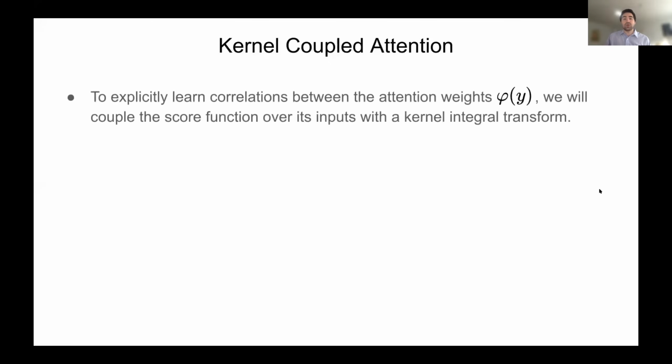And so the answer to this question that we came up with is what we call the kernel-coupled attention. The way that this works is we'll take our score function, the same one as before, that's our proposal score for forming these probability distributions, but then we'll couple it to itself with a kernel transformation.